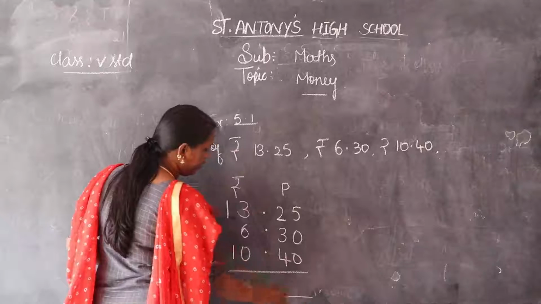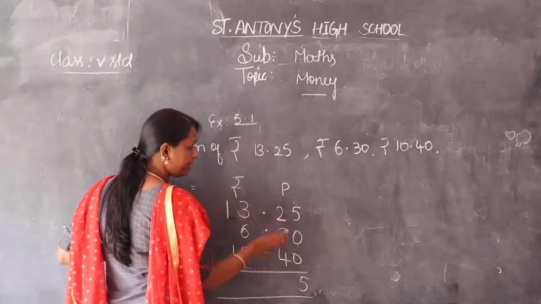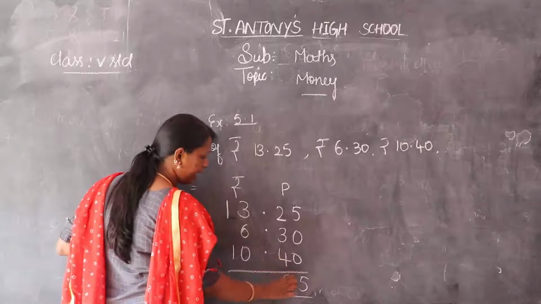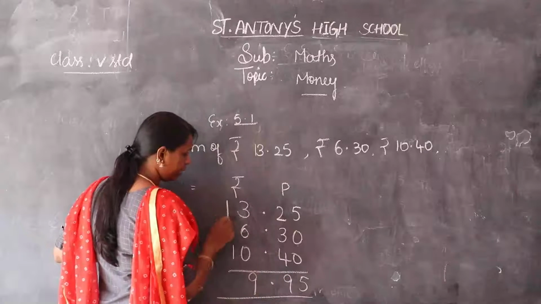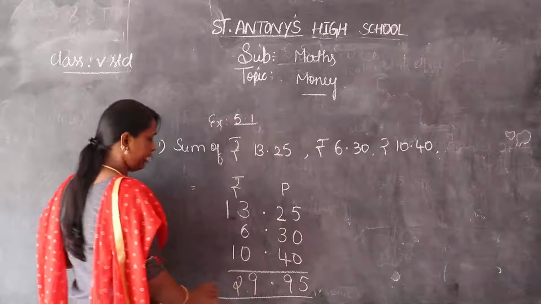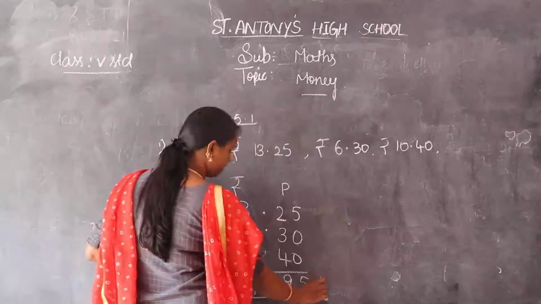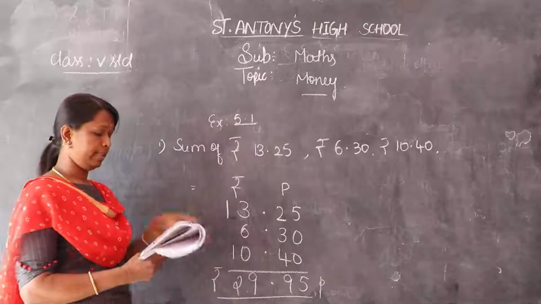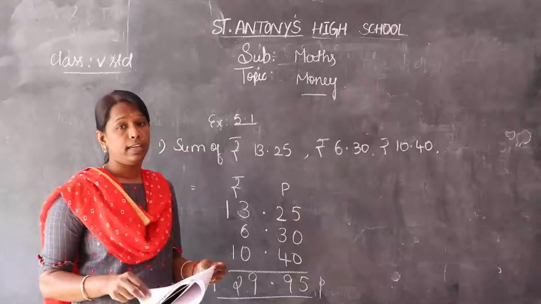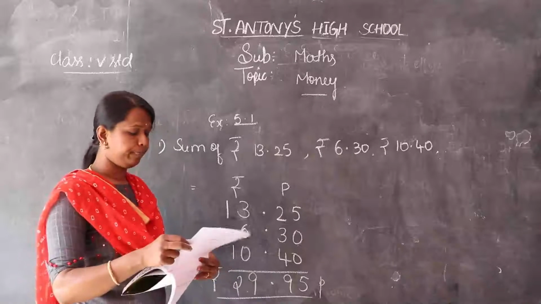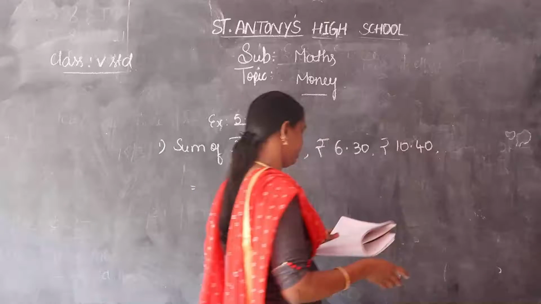Now add. 5 plus 0 we get 5. 2 plus 3, 5. 5 plus 4, 9. Point. 3 plus 6, 9. And then 1 plus 1, 2. Therefore the answer is rupees 29.95 paisa.